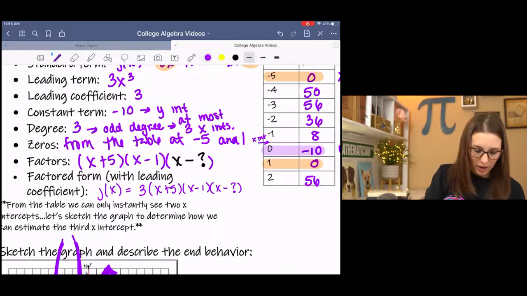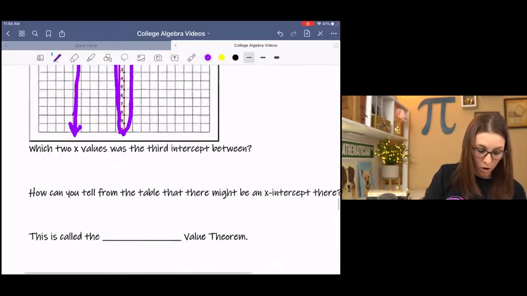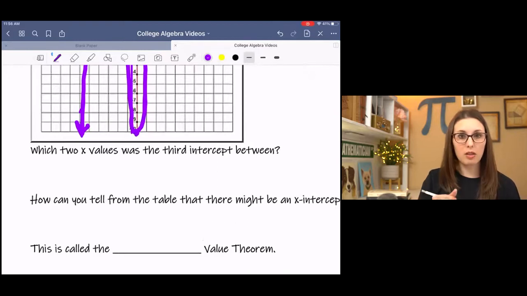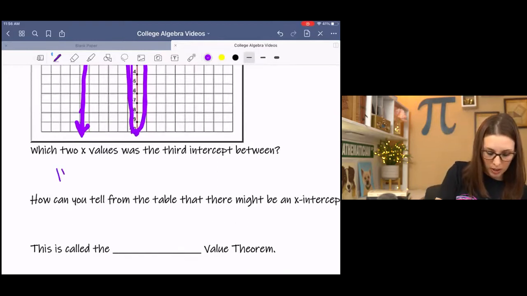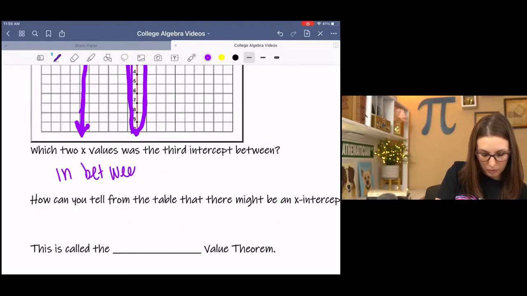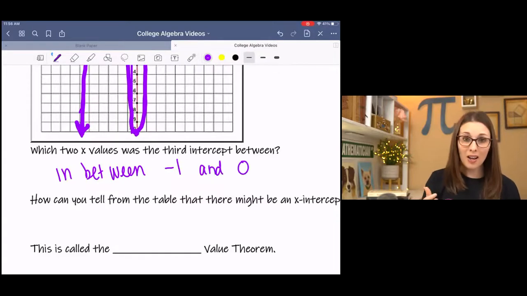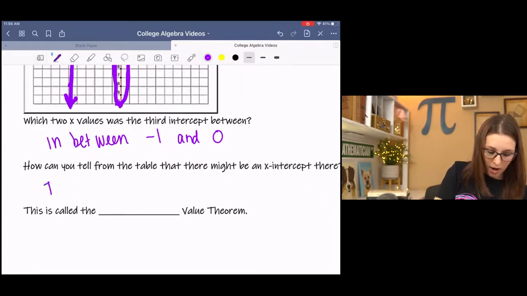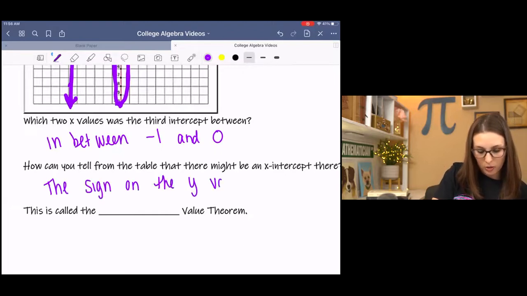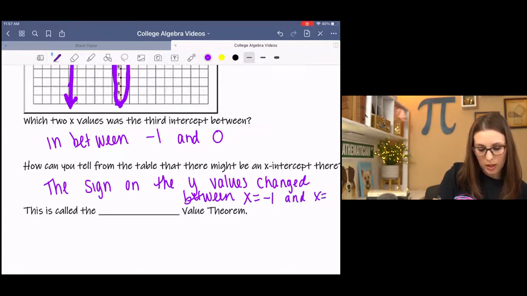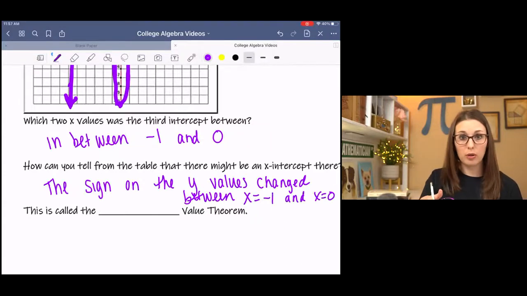Don't worry. But we can say with certainty that the third x-intercept is between -1 and 0, because the sign on the y values changed between x equals -1 and x equals 0, indicating that it had to drop through the x-axis.